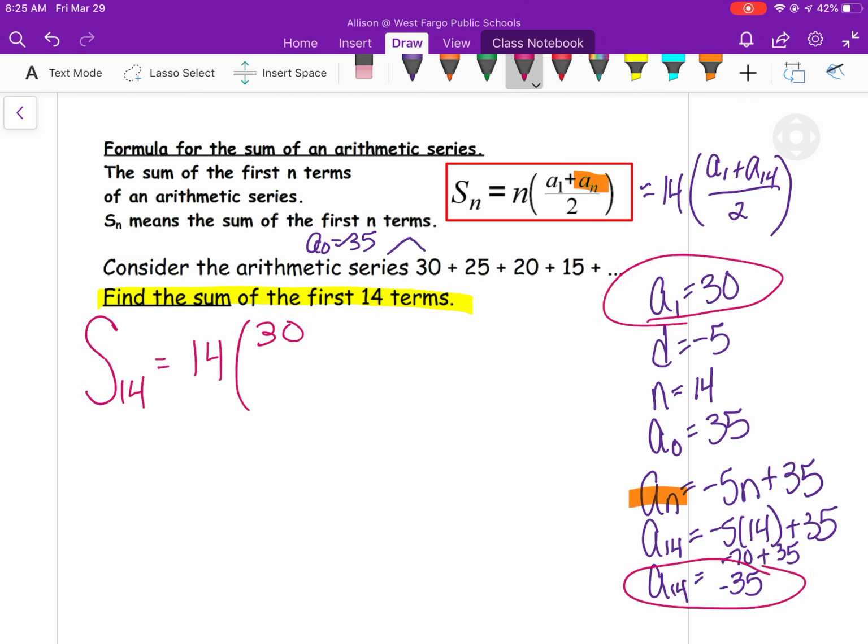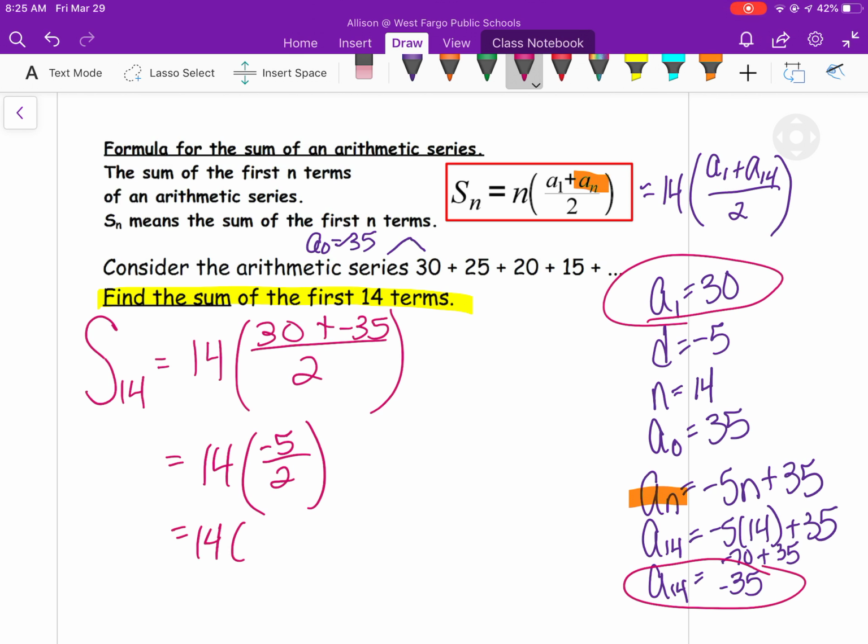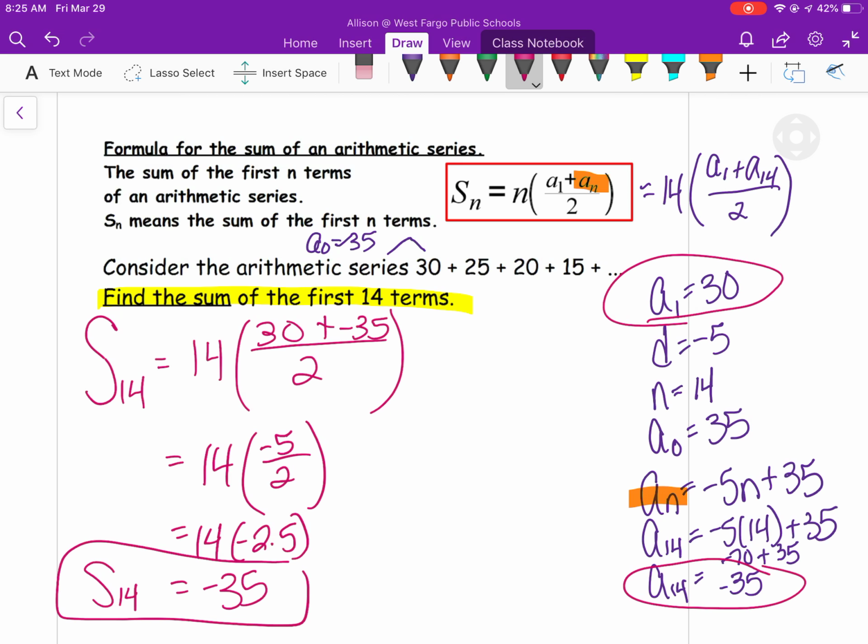The 14th term was negative 35. All divided by 2. So 14 times negative 5 over 2, or 14 times negative 2.5. And I end up with the sum of the first 14 terms is negative 35.